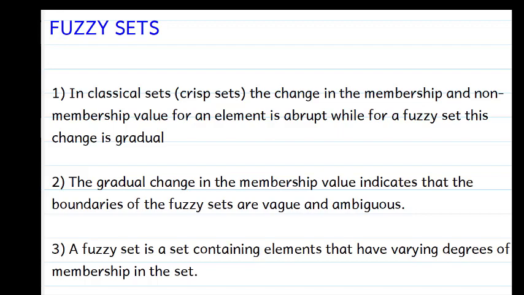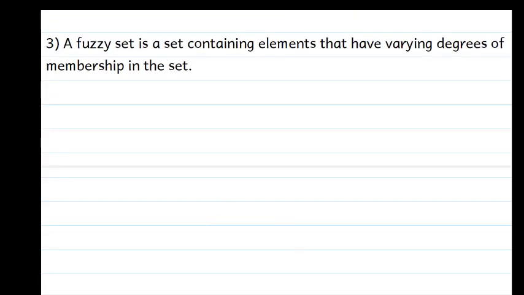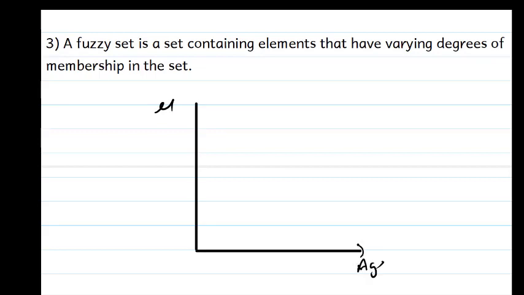Suppose we draw a graph, where this is the membership value, and this gives the age. We define a crisp set which defines the young. Let us assume we define this as 30.